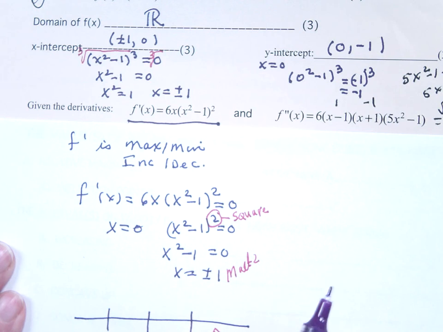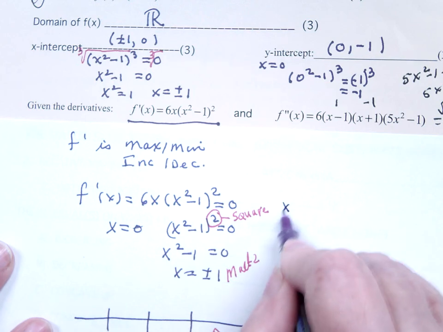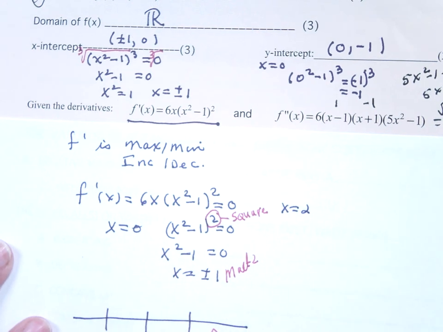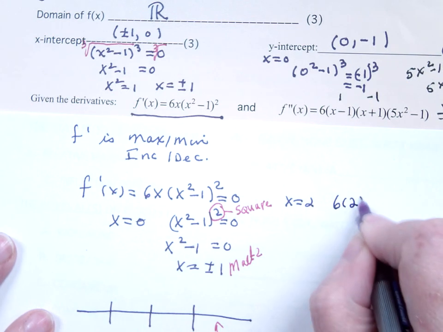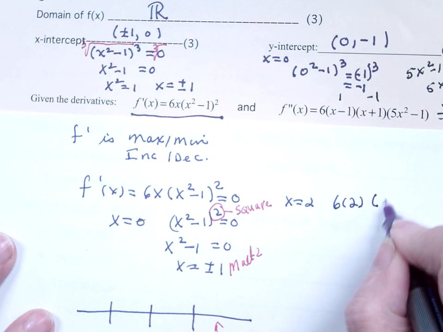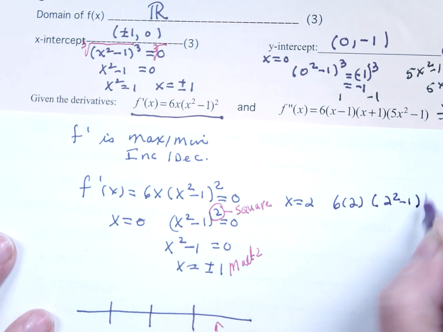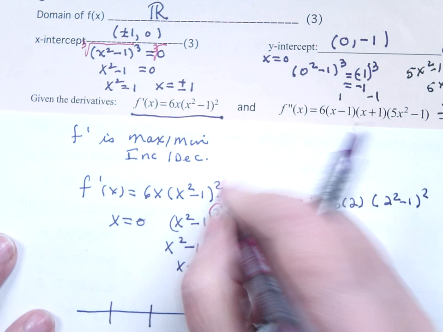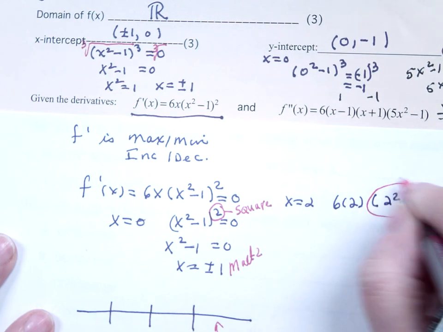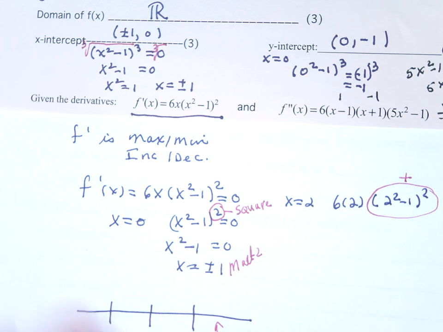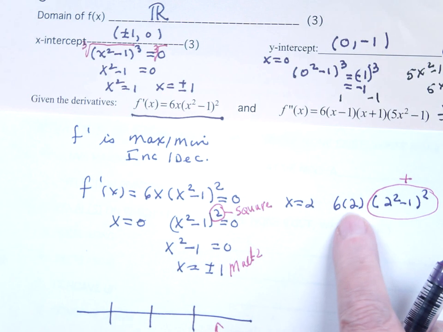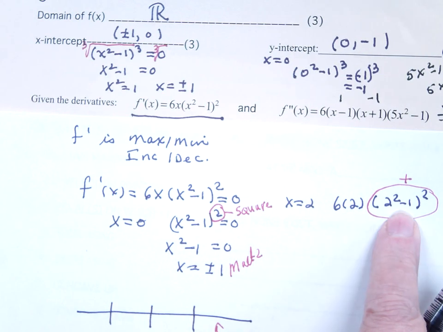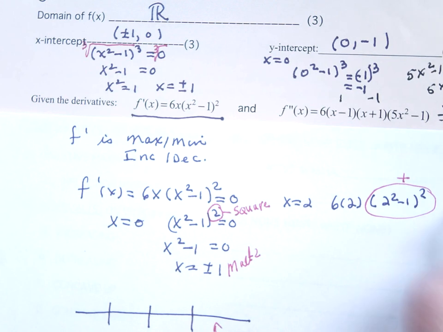So I'm going to pull x equal 2. And at 2, I will have 6 times 2, times (2 squared minus 1) squared. This thing, no matter what, is always positive, because I'm squaring it. That means the only contribution is going to come when this guy's negative, because this thing's always positive. And in this case, this is positive.